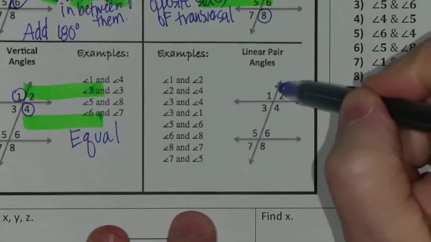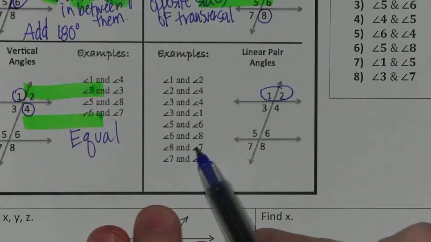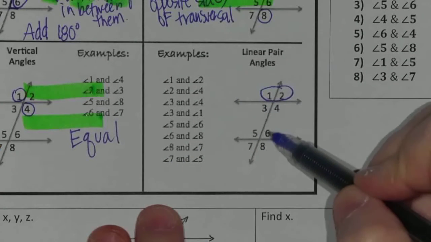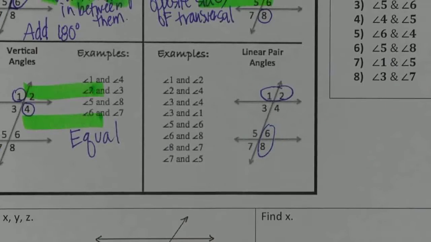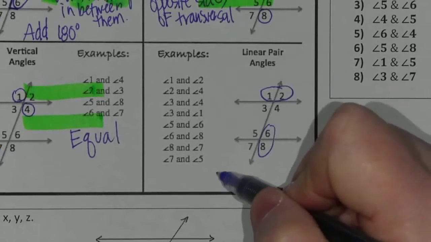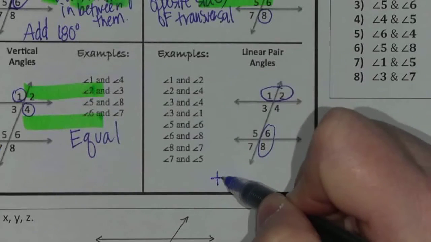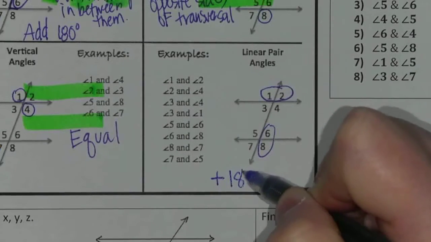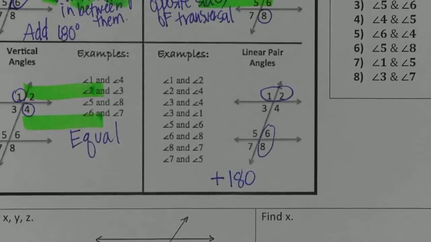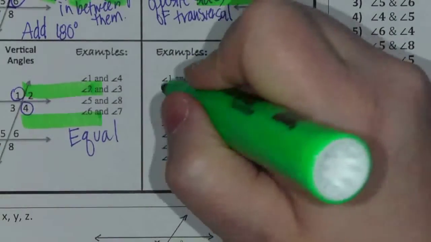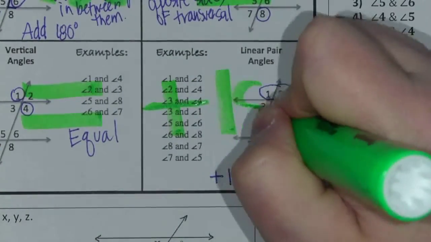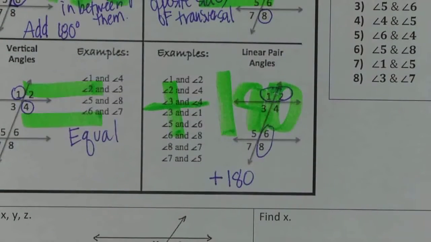So like angle 1 and 2 are a linear pair. Angle 8 and 7 are a linear pair. Or 6 and 8 are a linear pair because they form a line together. Does anybody remember what we decided about a linear pair? They add together to be 180 degrees, right? So these are my relationships that I have with my angles.